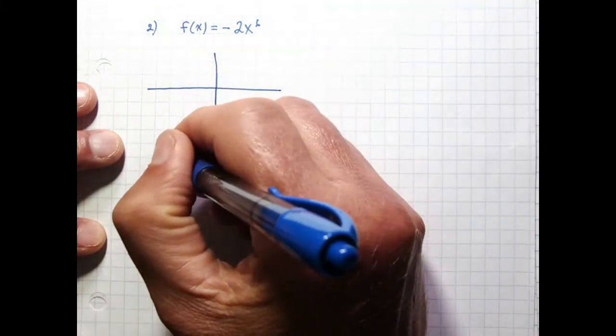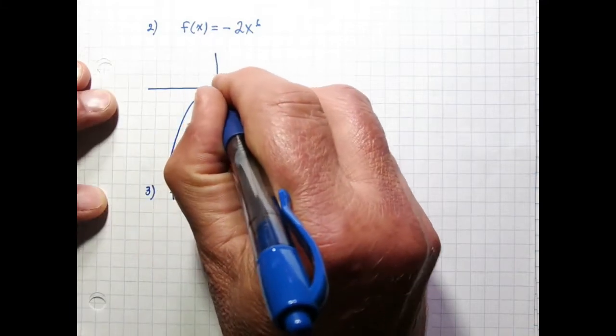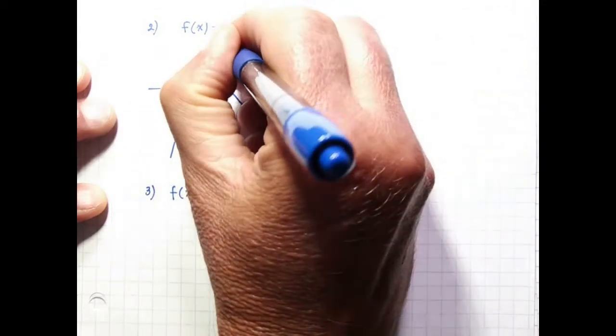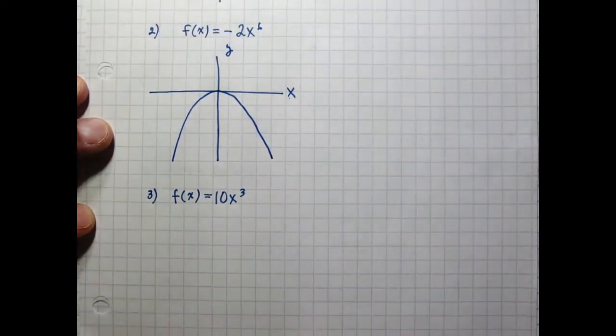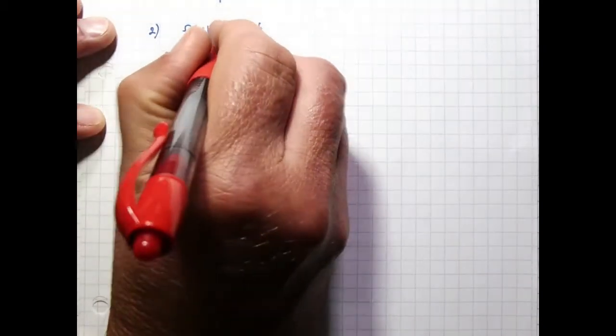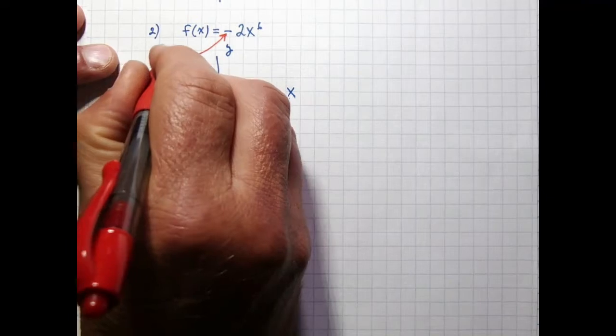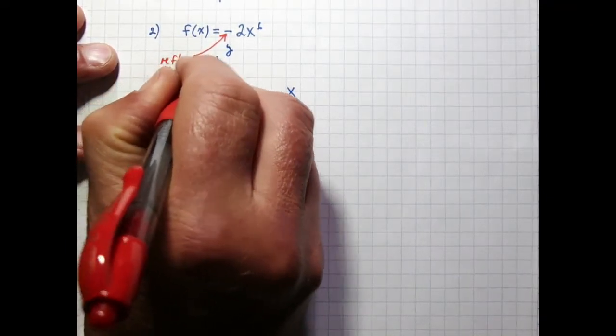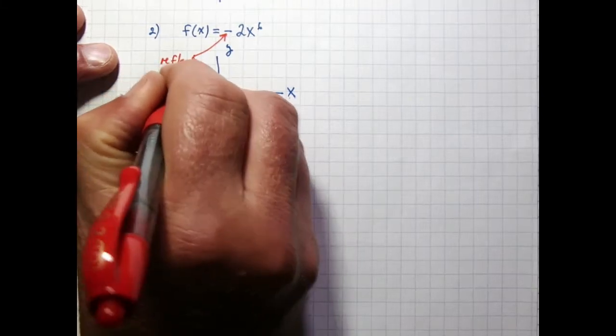And when we reflect through the x-axis, the U shape is going to be overturned. We haven't seen a graph quite like this, but it's all because of the minus sign. Reflect through the x-axis.